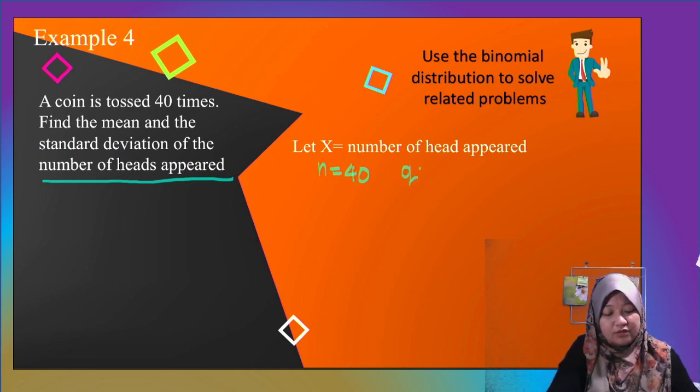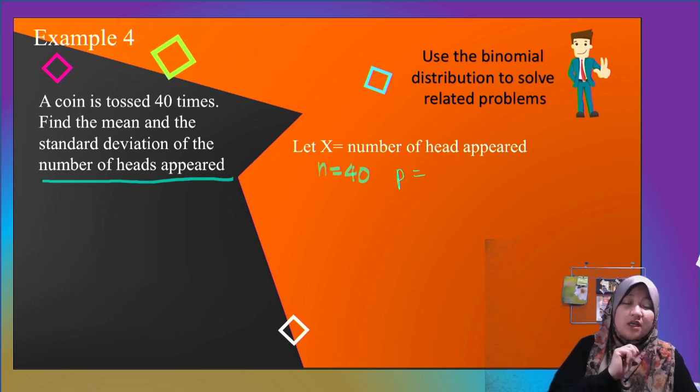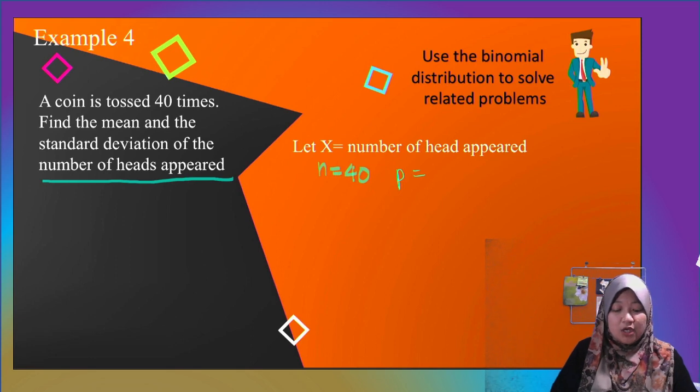Sorry, P is, what is probability of P? A coin we have two faces, head or tail. So the probability to get head is 1 over 2. Therefore, Q also 1 over 2.